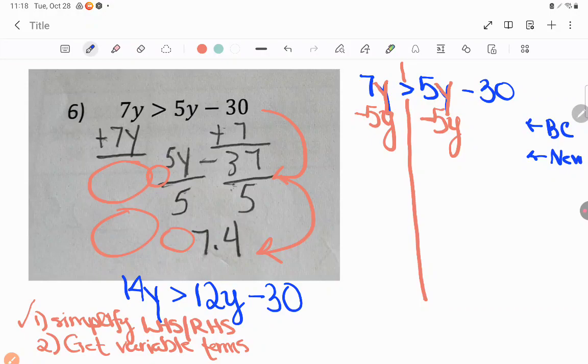And you can see, and I do this in the Mathability videos, that I'm using a different color for balance change than I am for my new equation or inequality. So I can help myself visually see the difference.